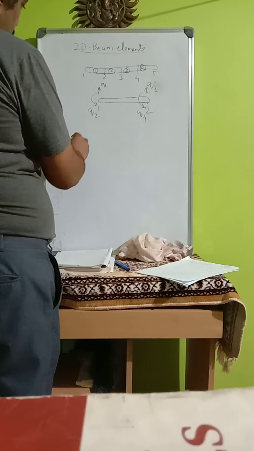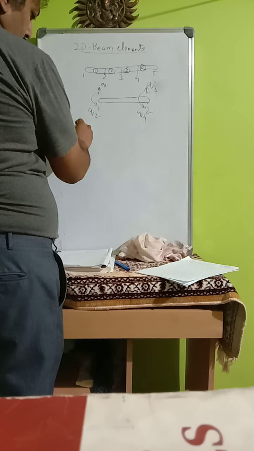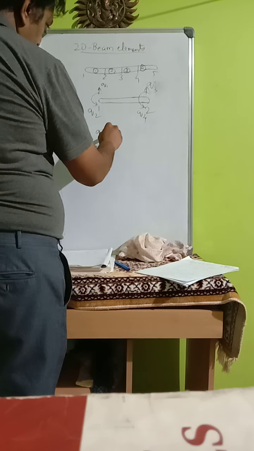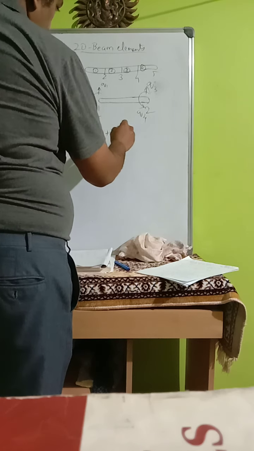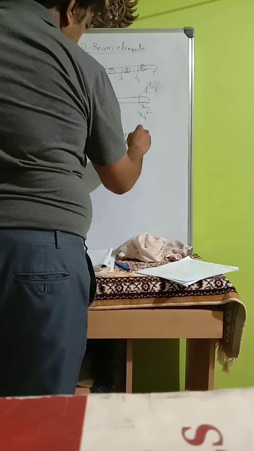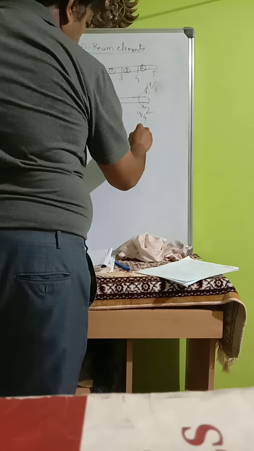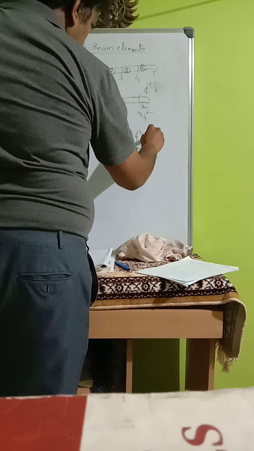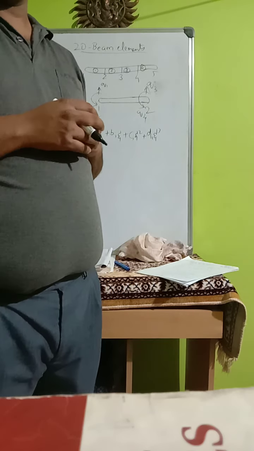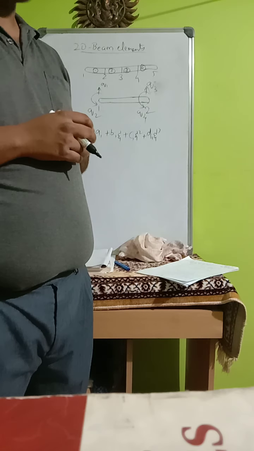It is of the form hi = ai + bi zeta + ci zeta squared + di zeta cubed, so it is a cubic polynomial.